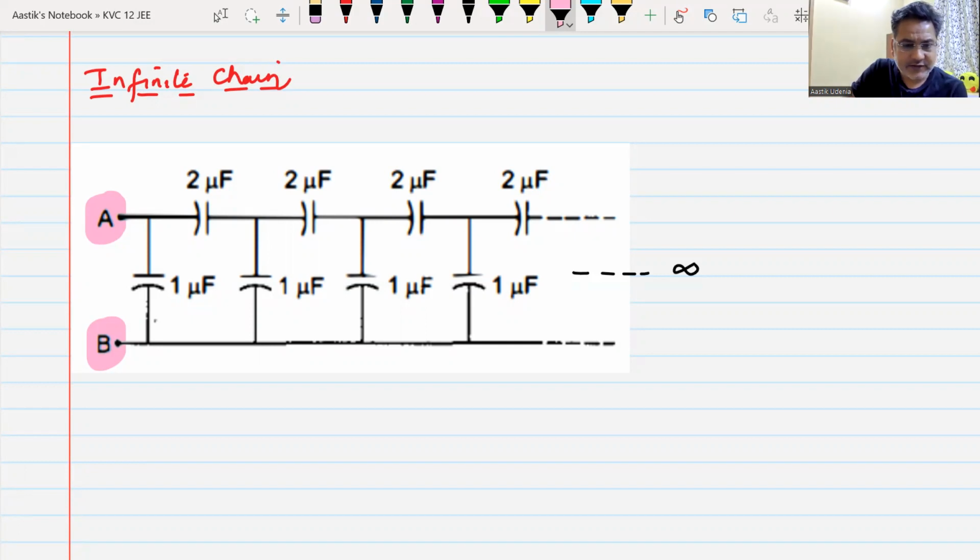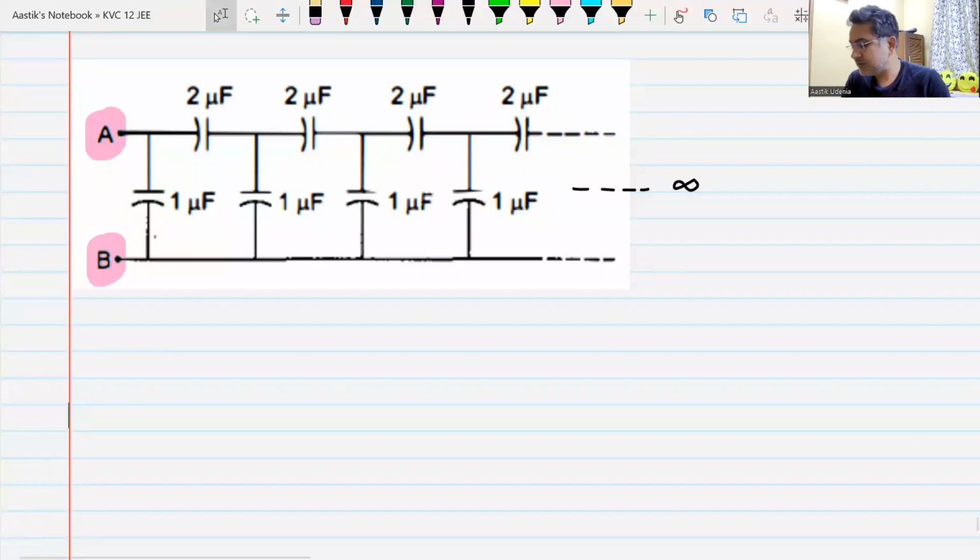Okay. Second, we are going to assume that it is X. So basically what you are going to say is, if I assume that the capacitance between A and B is X, I go to this point and this point where the chain is getting repeated, and let me call this A dash and B dash.